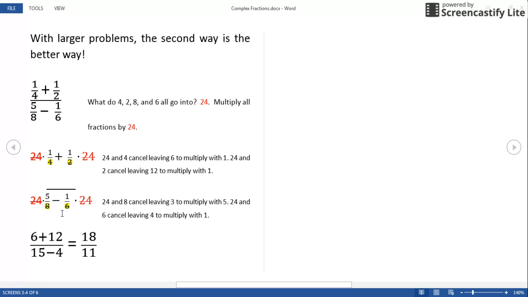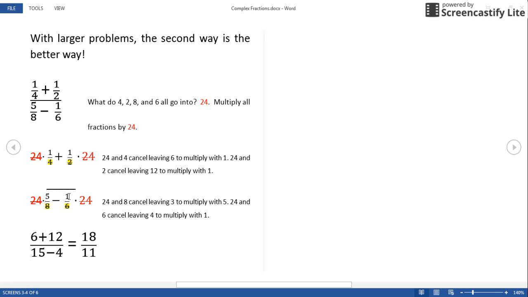Same thing is going to happen on the bottom. 8 goes into 24 3 times, and we'll multiply 3 times 5. On the back, 6 goes into 24 4 times, and we'll multiply 4 times 1.